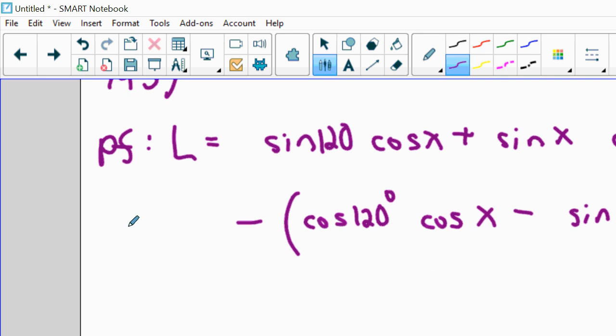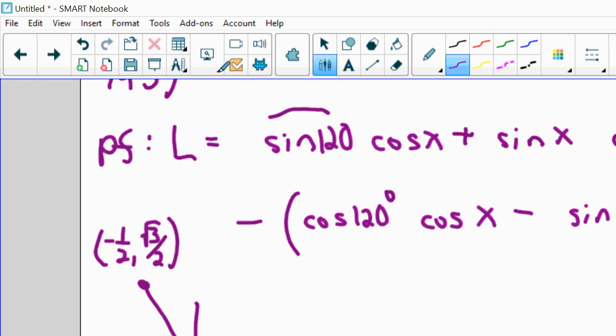Now, we get out our unit circle. Sine 120 is the y, square root of 3 over 2 cosine x.